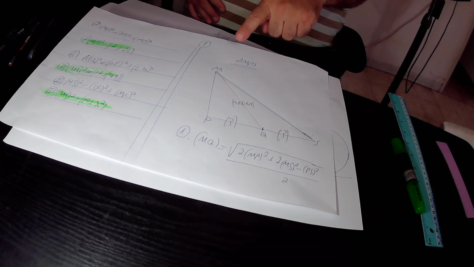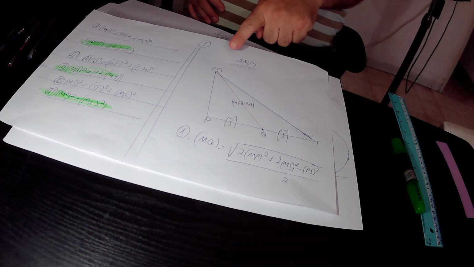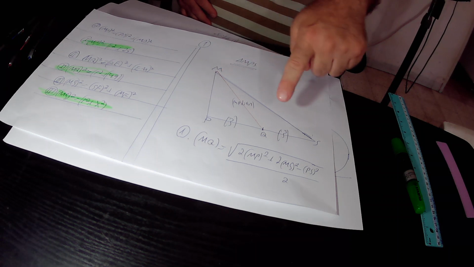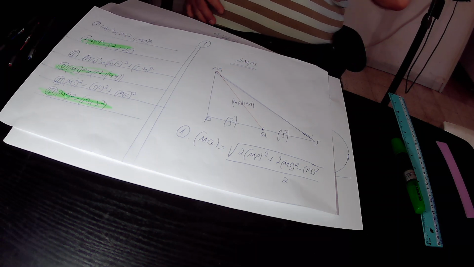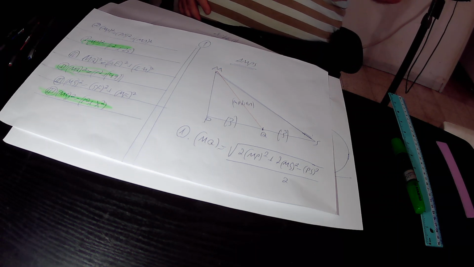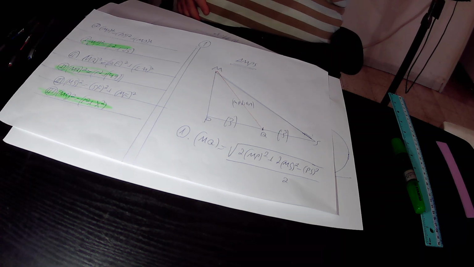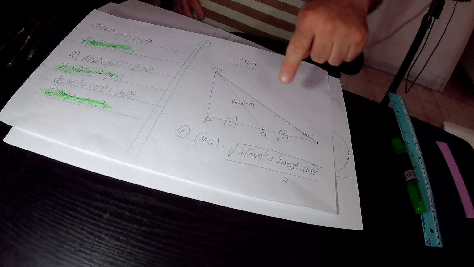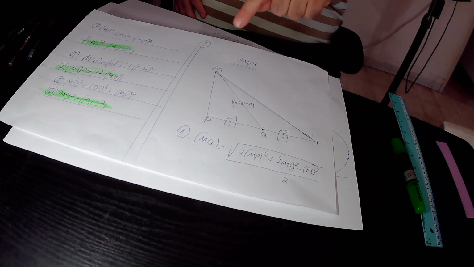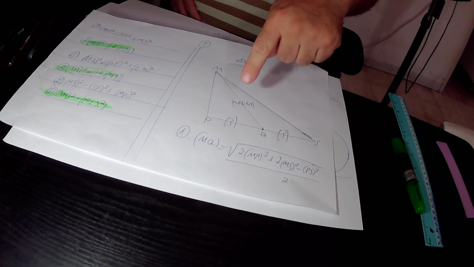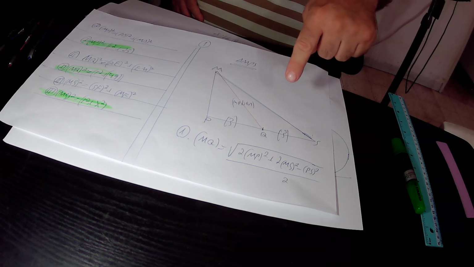The line segment MQ starts from the vertex M and ends at the midpoint of PS, that is point Q. So the median connects the vertex to the midpoint of the opposite side. The median MQ bisects the opposite side PS into 2 halves. Each half equals 3 units. PQ equals 3, QS equals 3.